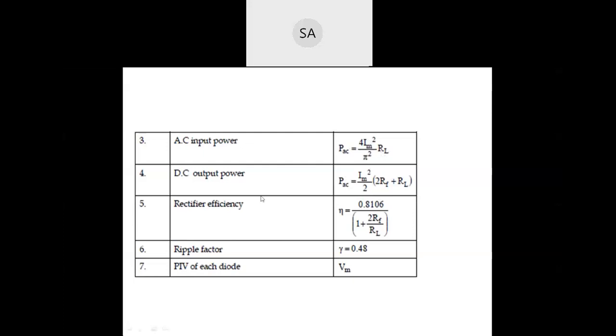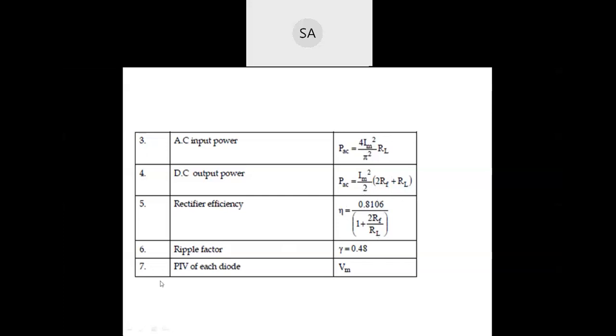So the rectifier efficiency is the DC output power divided by the AC input power. By dividing these equations, Im square will be cancelled, and you will get 8 by pi square, into 1 by (1 plus 2RF by RL). Since RF by RL is much less than 1, you will get 81.06 percent.